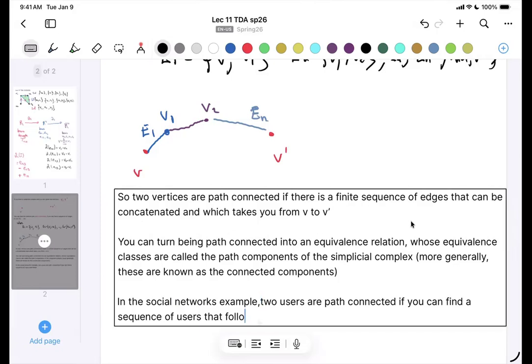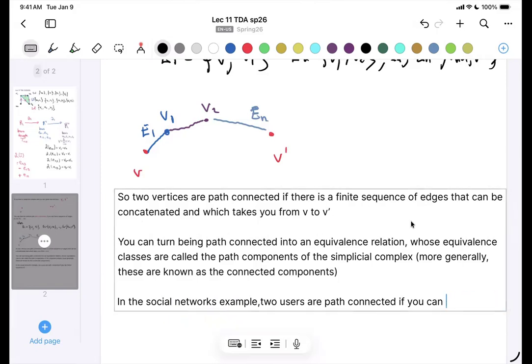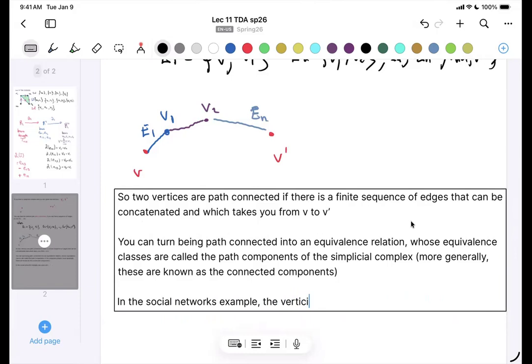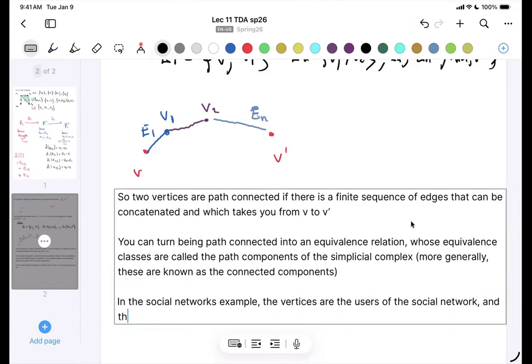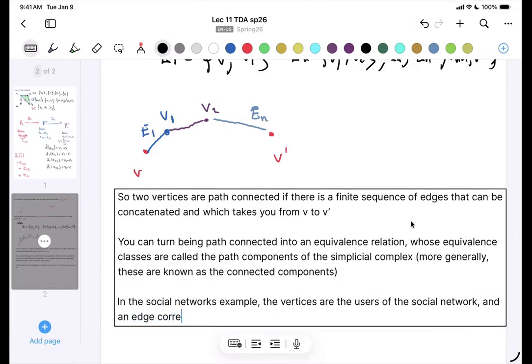The vertices are the users of the social network, and an edge corresponds to a relation where two users follow each other.